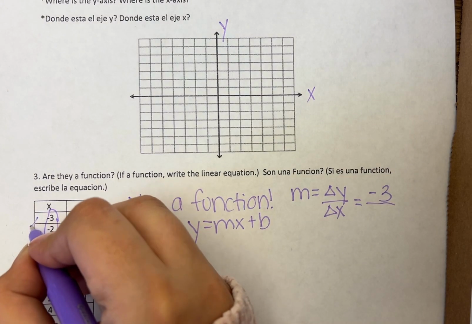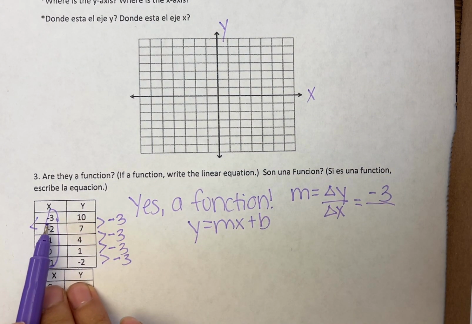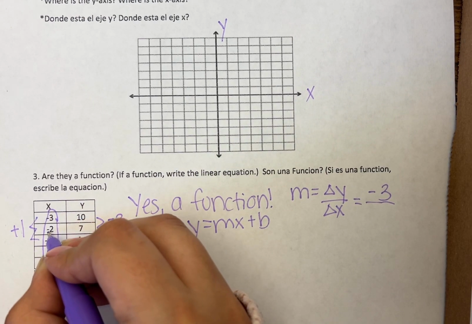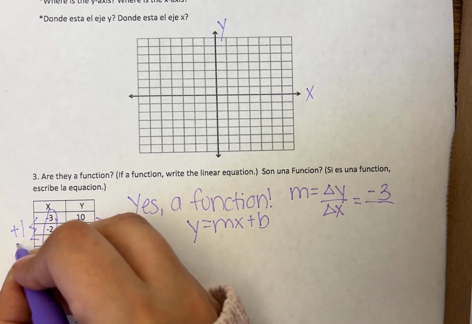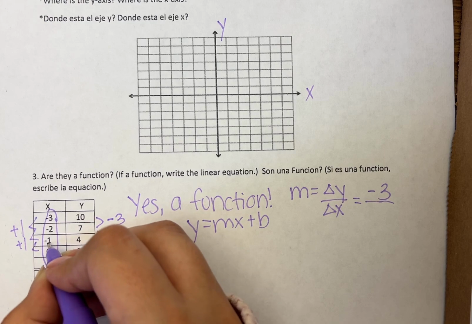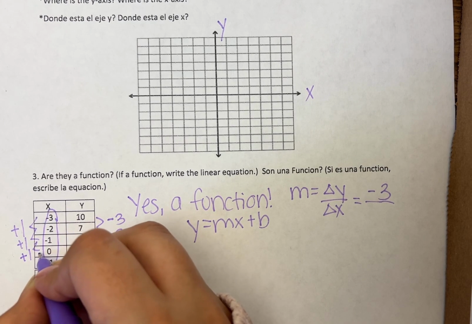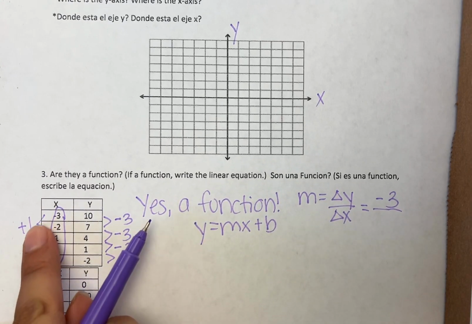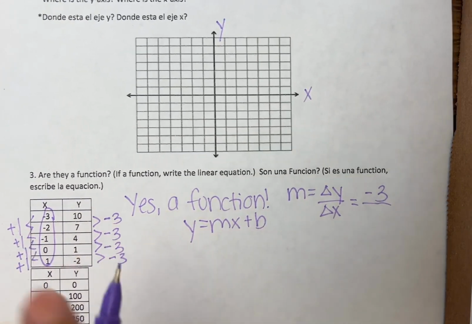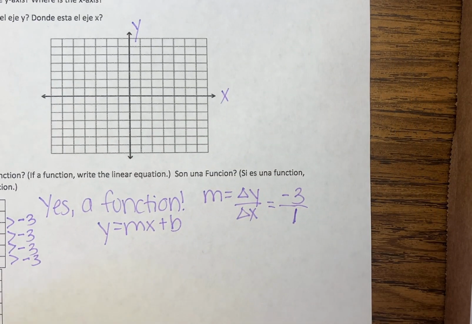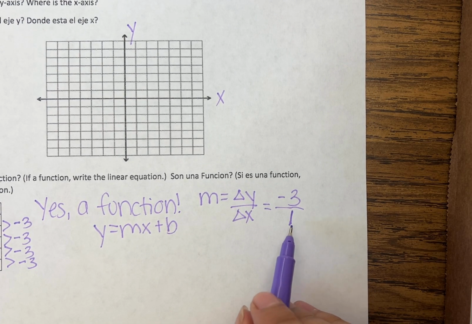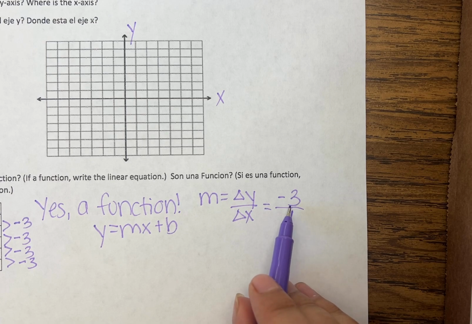For this one right here, from -3 to -2, it went up by 1. From -2 to -1, again, it went up 1. From -1 to 0, it went up 1. And from 0 to 1, it went up 1. So what is our change of x? 1. Okay. And remember, any number over 1 is just the top number.